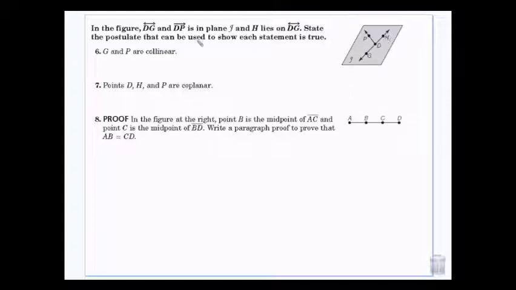Oh, whatever that is. And there's H. And we want to state the postulate, just the postulate. We don't have to prove anything, but we want to state the postulate that would make these true. Okay. So looking back over the postulates, what do you think for this one?